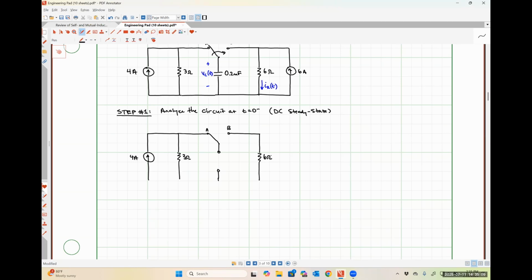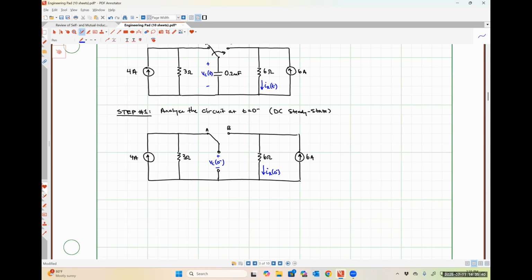Here's my 6 ohm resistor. Here's my 6 amp source. This is VC at 0 minus, which I'm interested in finding. And this is IR at 0 minus, which I'm interested in finding.